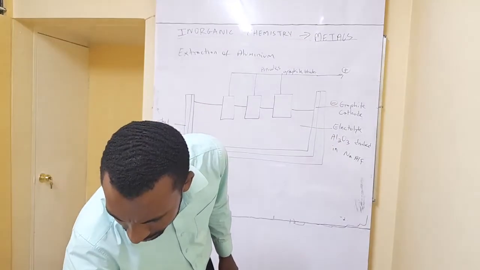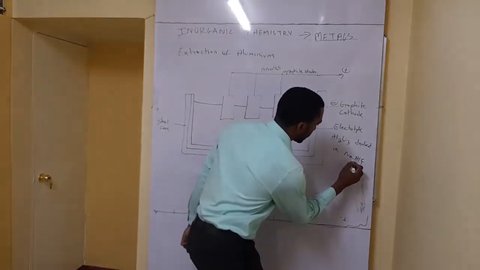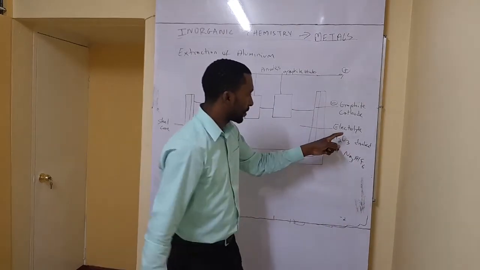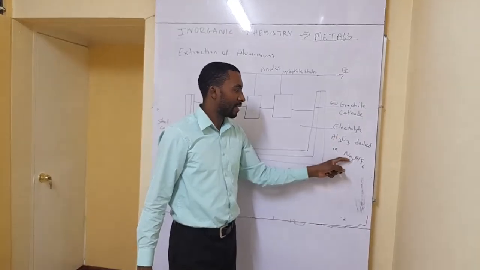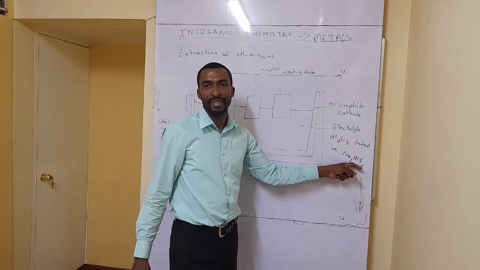I'm just writing the correct formula. So this aluminum oxide is really bauxite, and the sodium aluminum fluoride is the cryolite.